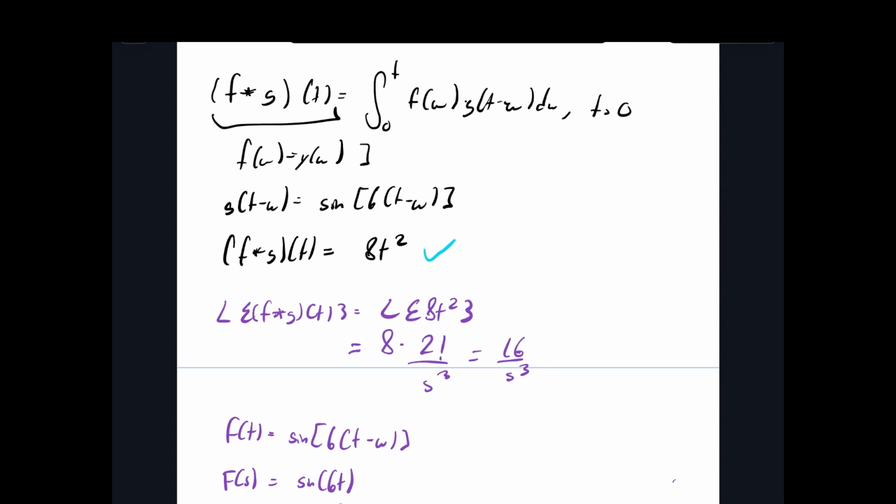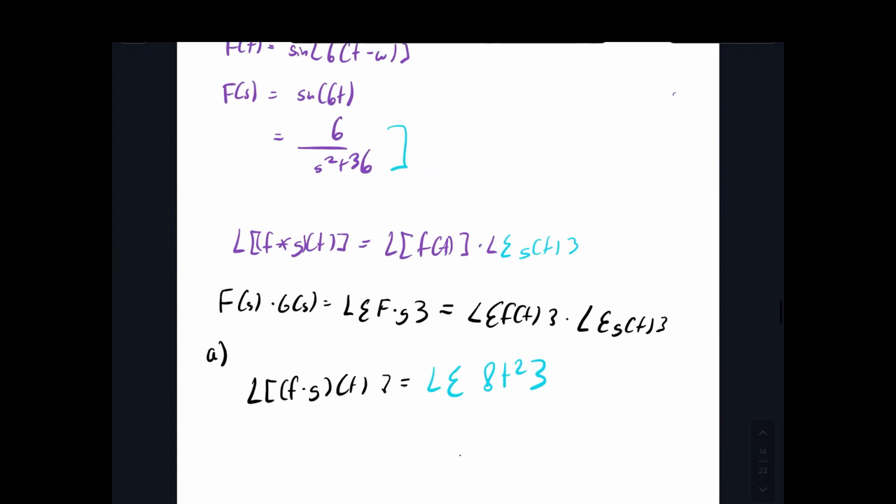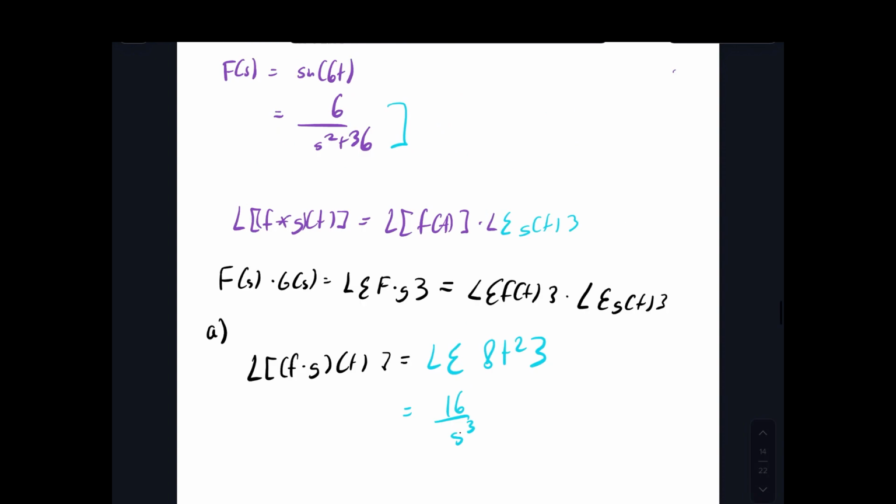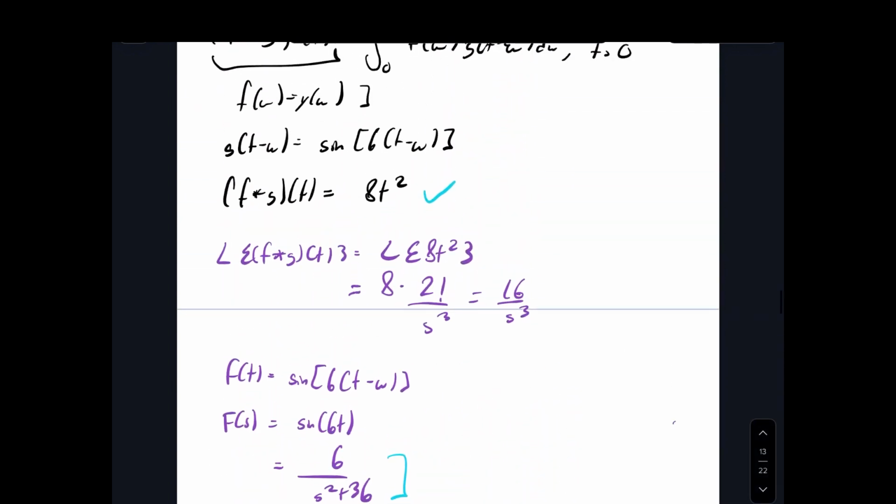So if I take the Laplace of that, then I get 16 over s cubed. I already wrote it down here, but I just want to write it down again.